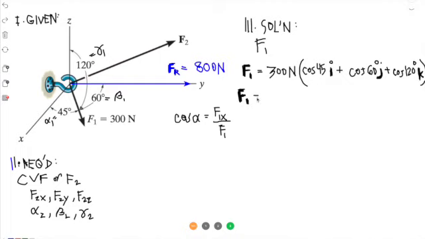It's important that we write it this way so that we can operate on it with the given condition that we have a resultant of 800 newtons. So cosine 45 by 300 is 212.13 i.